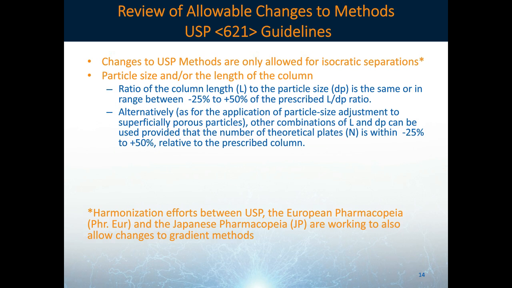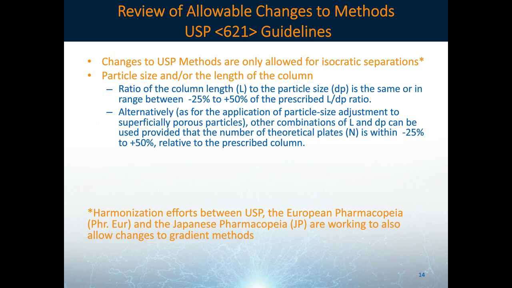So right now we're only able to change isocratic methods, and for considering particle size and/or the length of the column, the ratio of the column length to the particle size, dP, is the same or in the range between -25 to 50% of the prescribed L to dP ratio.